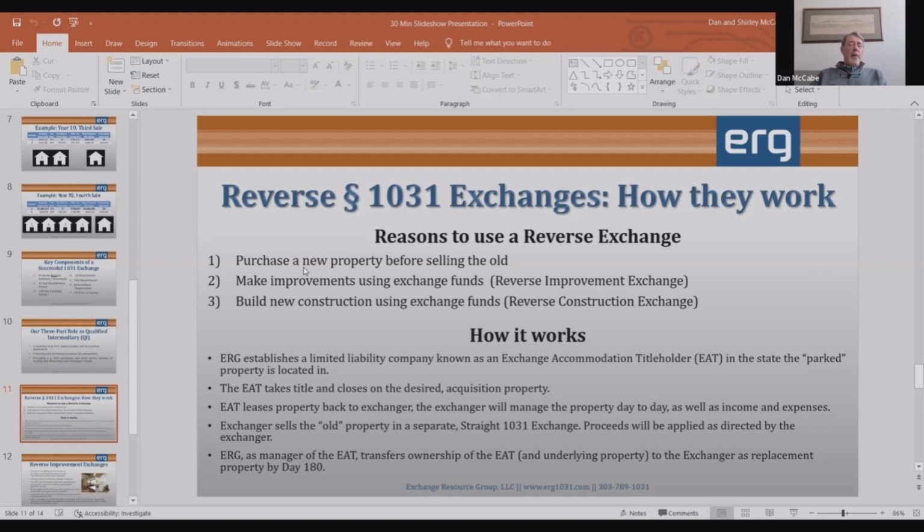In the case of an apartment building or something like that that has an income flow, under normal circumstances, we will lease that property back to the exchanger. You manage it, you collect it, you pay the obligations. Okay. 90 days down the road, you sell your old property. You do what we call a straight 1031 exchange.